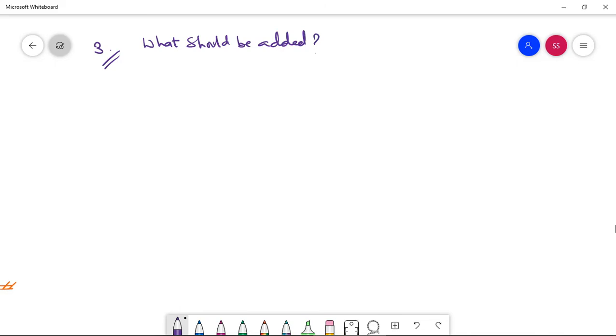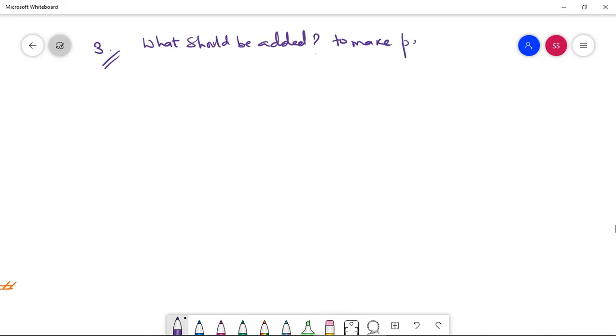Okay, no problem. Now we are discussing exercise 1, a very short question. We are discussing what should be added to the following expression to make a perfect square.